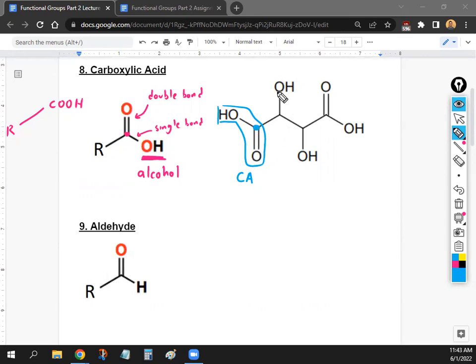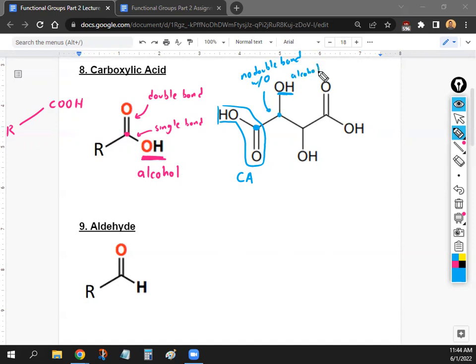Okay, so this part is going to be a carboxylic acid. So if we take a look at this OH, do you guys think this is a carboxylic acid or an alcohol? Yeah, this one is an alcohol because this is connected to a carbon, but if you notice, there's no double bond with an oxygen, right? This one has no double bond with an oxygen. And so this right here is going to be an alcohol.